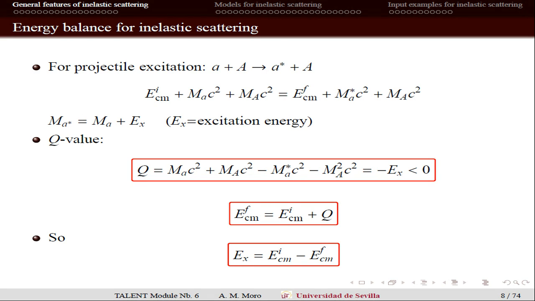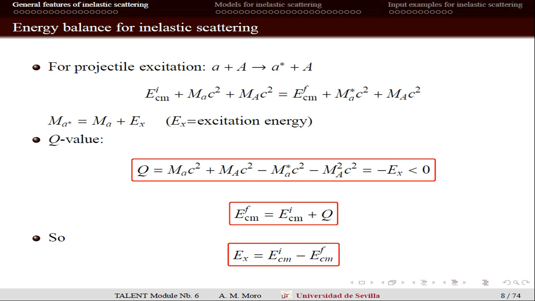Of course, if both of them are excited, then we also have to sum the excitation energy of the other system. So an inelastic process is always characterized by a negative Q value. If we use this definition in the original expression, we get that the kinetic energy in the center of mass in the final situation is the initial kinetic energy plus the Q value, and remember the Q value is related to the excitation energy.